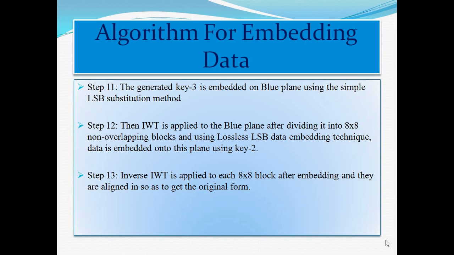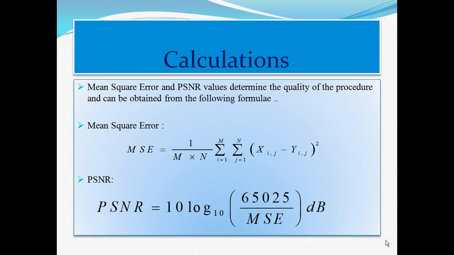After this, an IWT is performed on the blue plane after dividing it into 8x8 non-overlapping blocks, and the lossless LSB data embedding technique is applied to this plane using key 2. Inverse IWT is applied on each 8x8 block after embedding, and they are aligned to get the original form. Then we calculate the mean square error and the PSNR values to determine the quality.